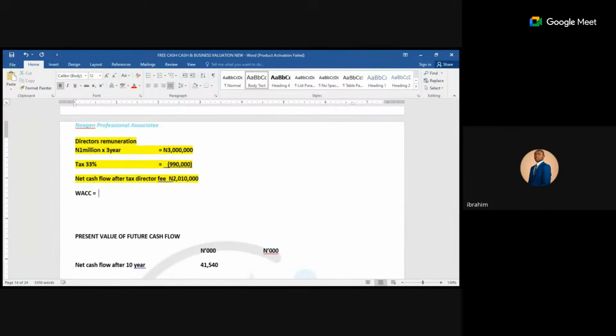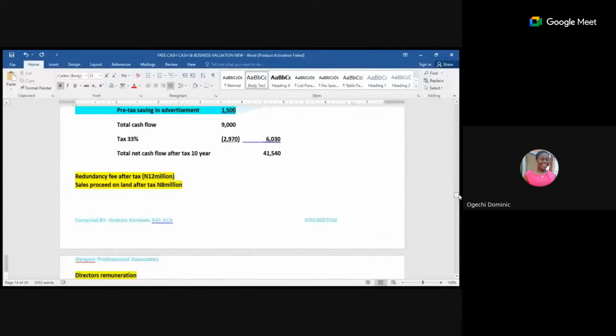Cost of equity multiplied by value of equity, plus cost of debt into 1 minus tax, times value of debt. Let me just copy the formula because of my keyboard.